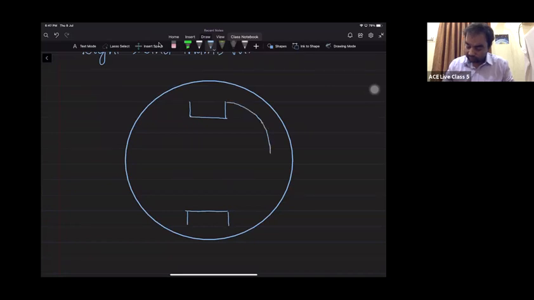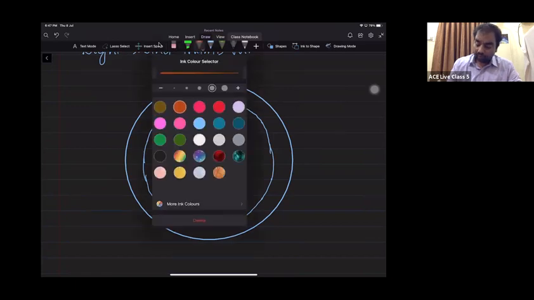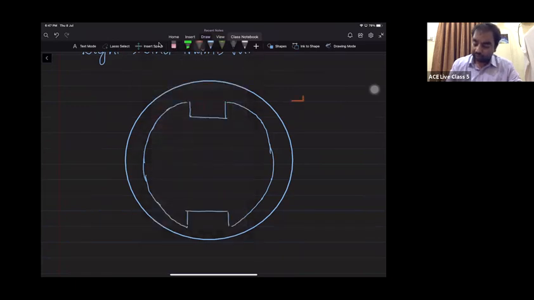Let us consider it is a two-pole yoke. I'm fixing the poles like this, right? Now I have to place the windings. How many poles are there? Two poles. So I'll consider a coil with N turns.